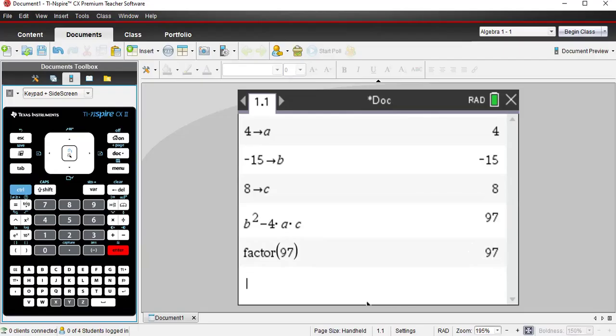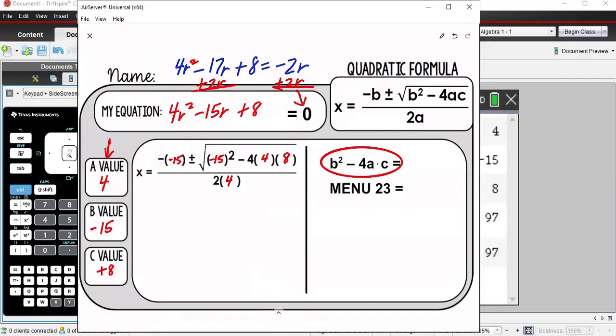So let's go to the iPad and finish this up. So this is 97. Menu 23 is 97. So this is a prime number, just as a fact. Now, this is just going to be the square root of 97. We cannot simplify it. Over here, we're going to have a negative times a negative, so this is going to be a positive 15 here, right?